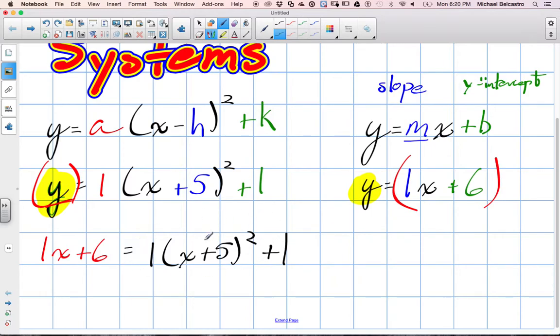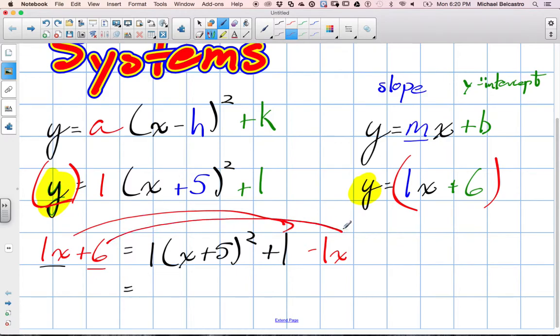And this could be written in any form of quadratic. But the whole thing now is to get everything onto one side. We want one side to be equal to 0. And then we're going to expand and collect like terms. So if I move positive 1x to the other side, what will it become? It's going to become a negative 1x. And when we move this positive 6 to the other side, what will that become?